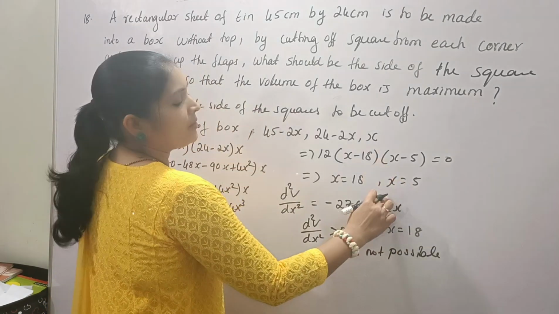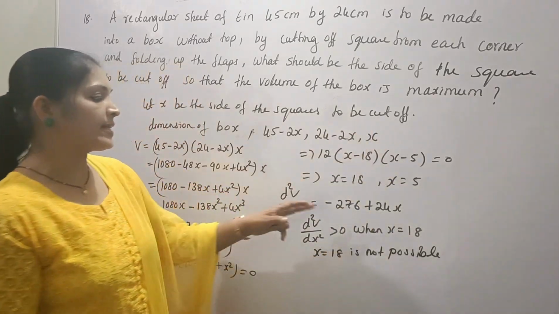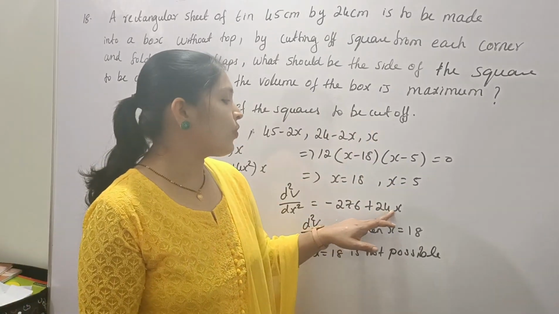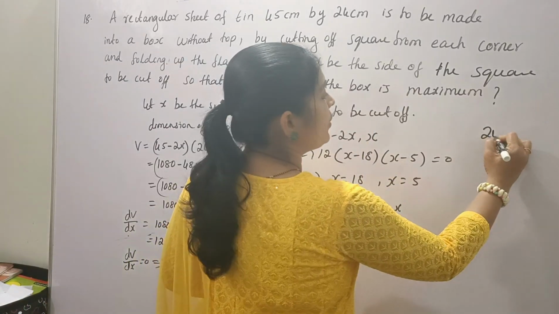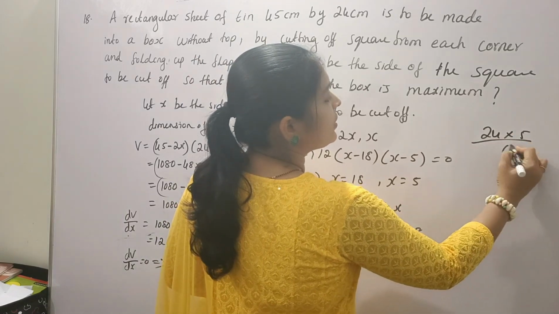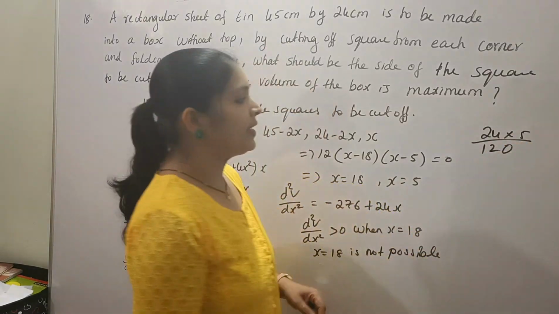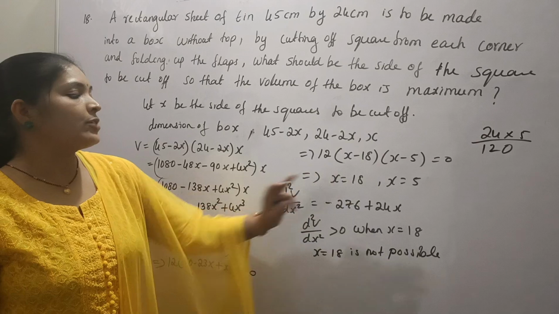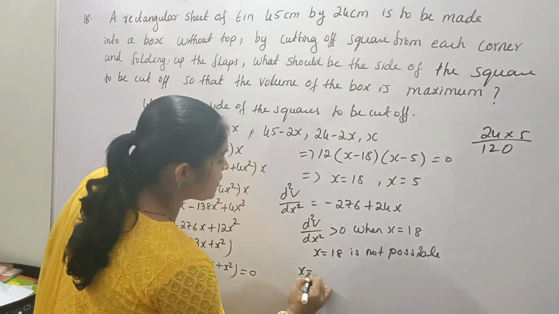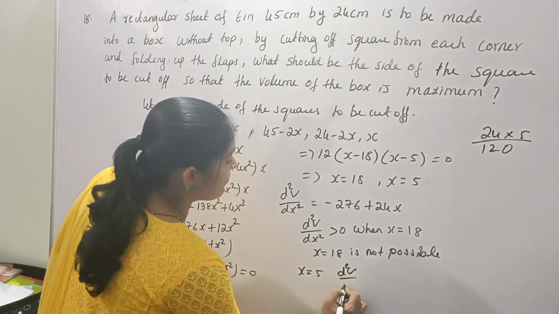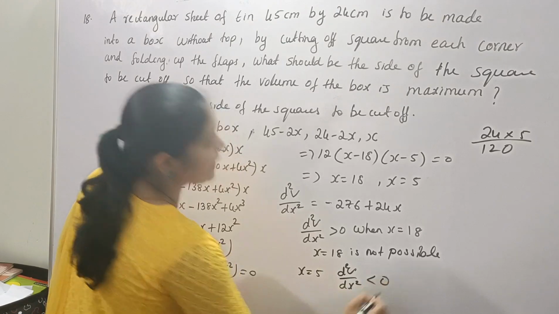And x is equal to 5. So when x is equal to 5, 24 into 5, that is 120. So it will be minus. So at x is equal to 5, d square v by dx square is less than 0.